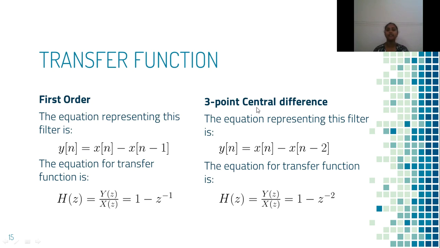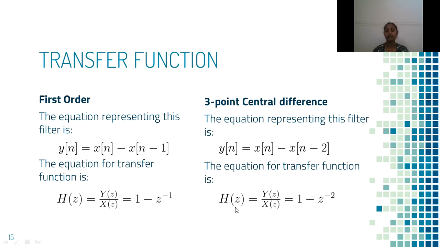If we consider the 3-point central difference, the equation representing this filter will be y of n equal to x of n minus x of n minus 2, and the transfer function of this filter is Y of z equal to X of z minus X of z into z power minus 2.